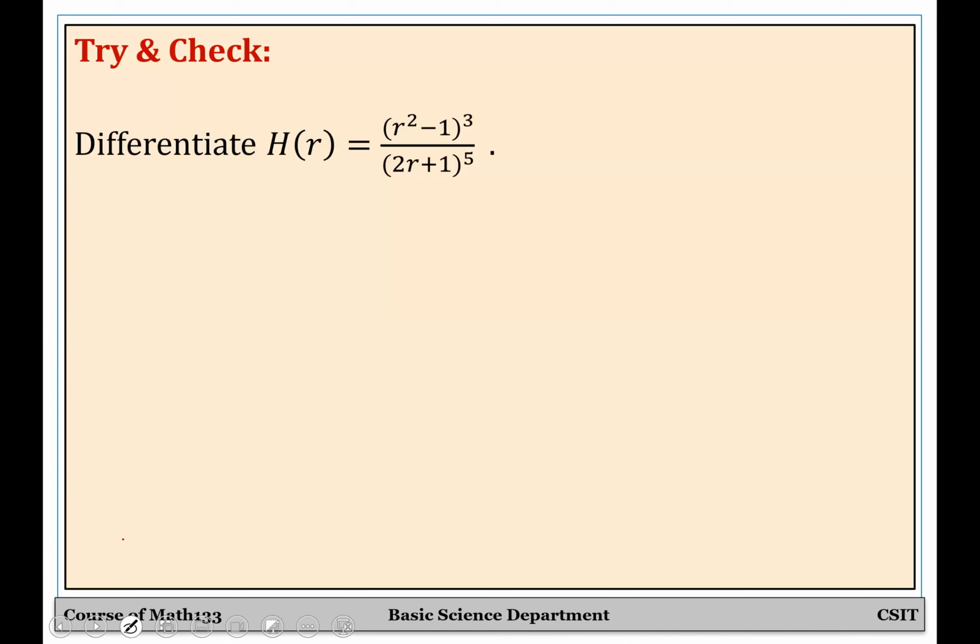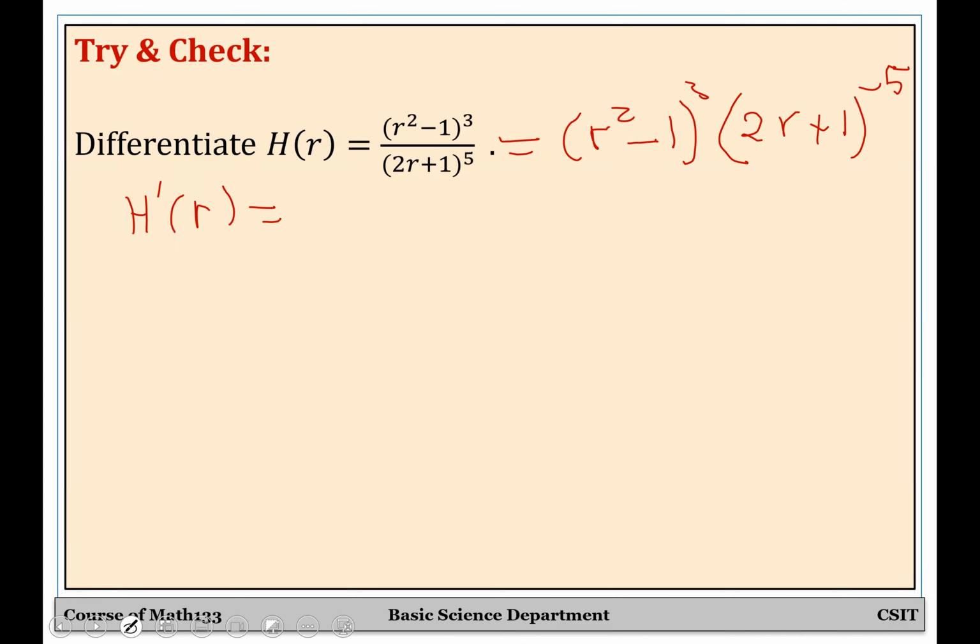So here, another application of the chain rule involving the power rule. Here I would suggest to rewrite the function as r squared, although you can work with the quotient rule, but it is better, in my opinion, to work with this form, (2r plus 1) to the power minus 5. So it's much better like that. And I will differentiate.